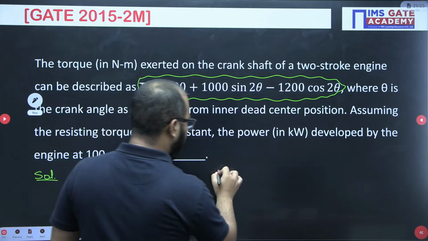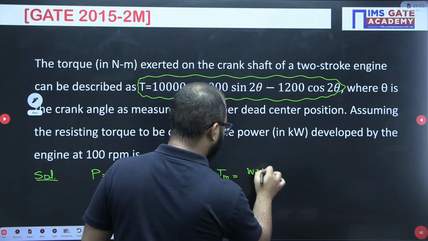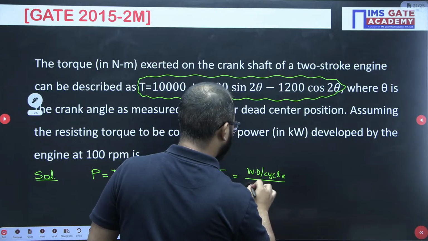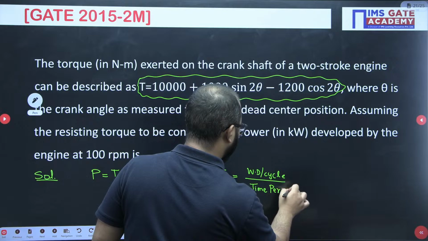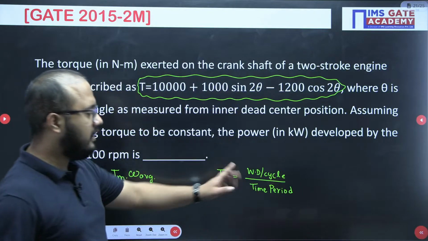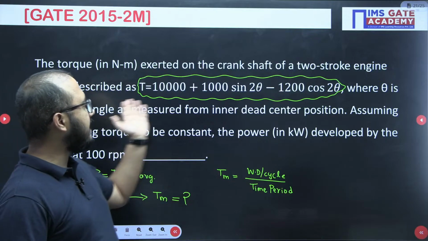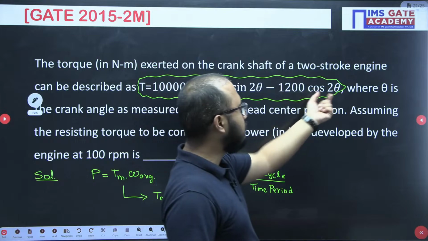In order to calculate mean torque, we have a formula: work done per cycle divided by the time period. Now, work done per cycle calculation also requires the time period. So what is the time period here? We have sin 2 theta, 2 pi by 2, and cos theta, also 2 pi by 2.